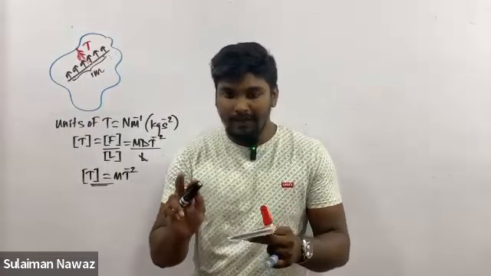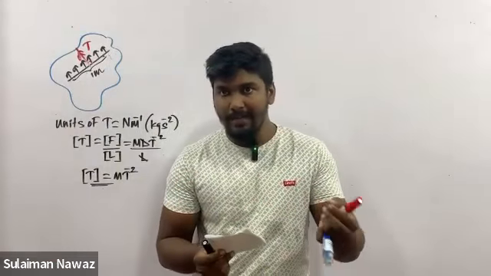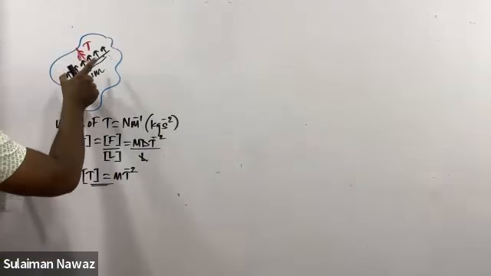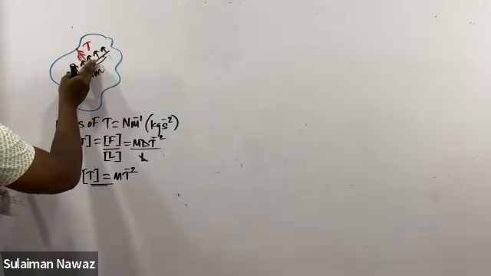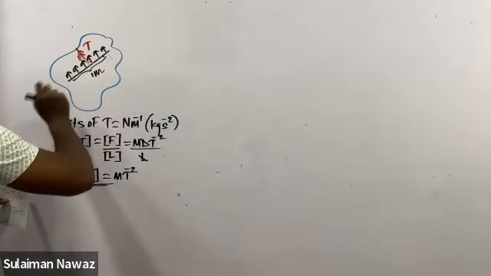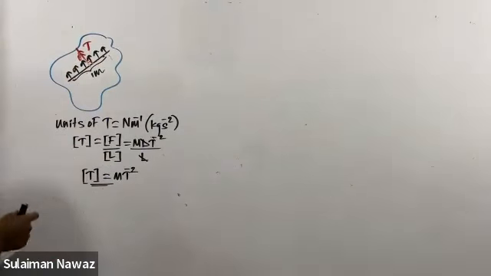Now write down the subtopic: surface tension force, inside the bracket capital F. Now we know what surface tension is. Always understand that surface tension means the resultant tension force acting on an imaginary line of 1 meter length in one direction.